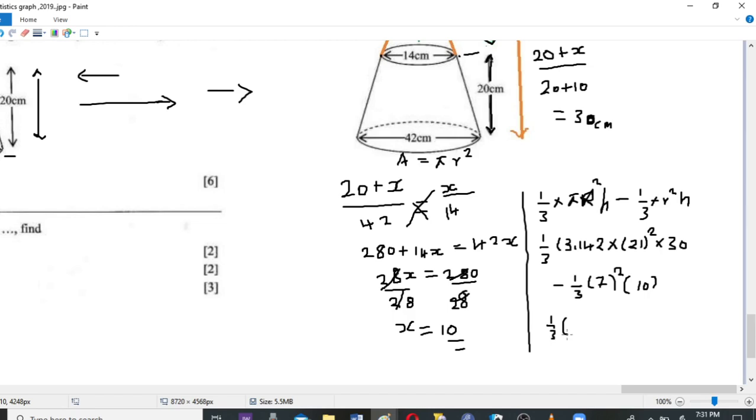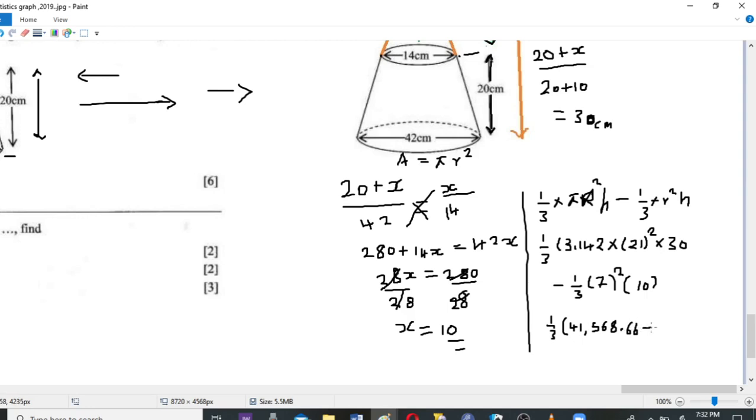If you do that, 21 squared, now multiply by 3.142, and then multiply by 30, you are going to get this answer. Make sure you use your calculator, and if you just do the right procedure, you are going to get the same answers that I have gotten here. So this is the volume of a complete frustum.